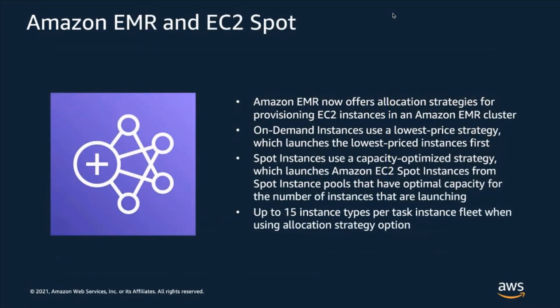Amazon EMR, right? So for those of you running big data workloads, Spark-based workloads that run on top of EMR, we do have a blueprint that helps you get started quickly applying all of those Spot best practices on top of Amazon EMR and Spot together.